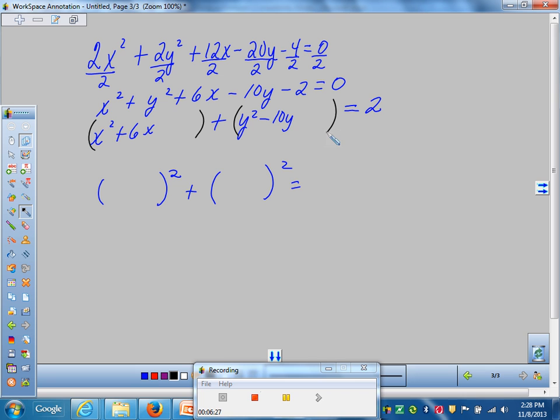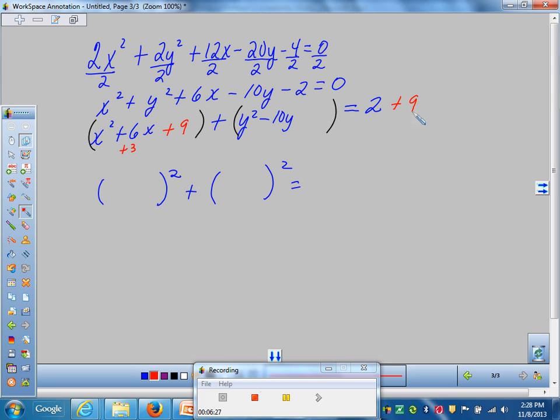So what's half of 6? Half of 6 would be 3, a positive 3. So when I square it, I'm going to get 9 as my number to complete the square. What do I have to do to keep the equation balanced? Yeah, if I add 9 here, I add 9 here. So then, I have to do it again with the y's.